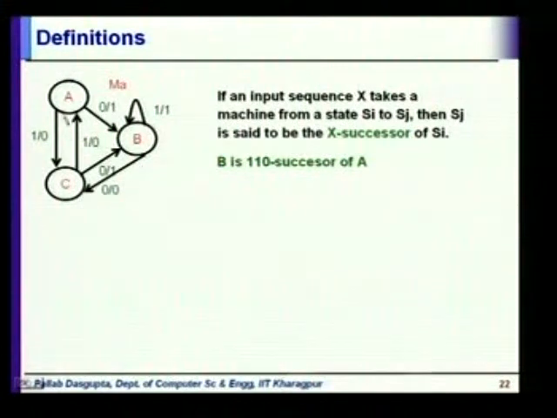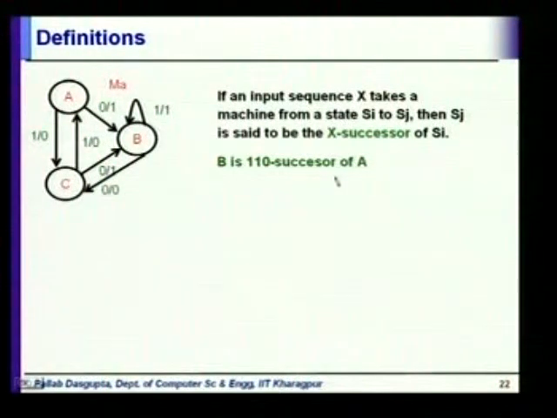Why? Because if I start from A and give 110, so if I give 1 it goes here, if I give another 1 it goes here, if I give 0 it goes here.